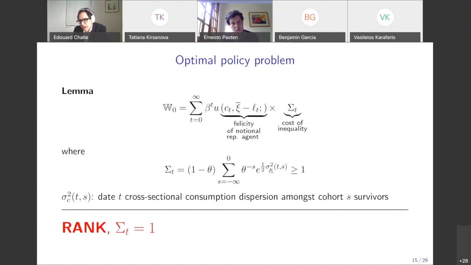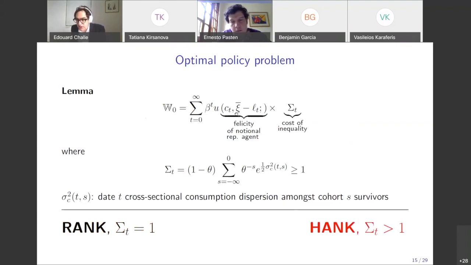So all the small sigma c's are equal to 0, and the big sigma as a result is equal to 1. Okay, so the exponential of 0 is equal to 1, and the summation here sums up to 1. So big sigma t becomes equal to 1, and we are back to the felicity of the notional representative agent.